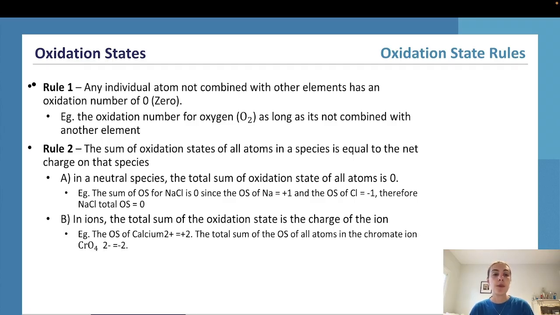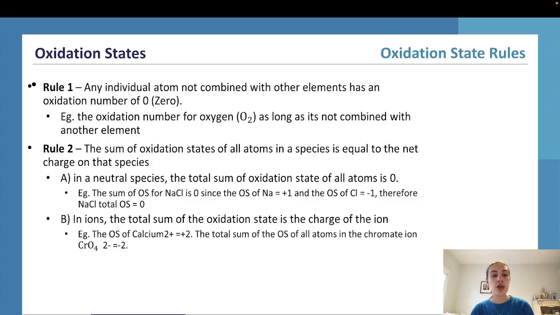Our second rule is that the sum of oxidation states of all of the atoms in a species will be equal to the net charge on that species. There's a part A and a part B to this rule, because we can consider it differently for a neutral species and for ions.